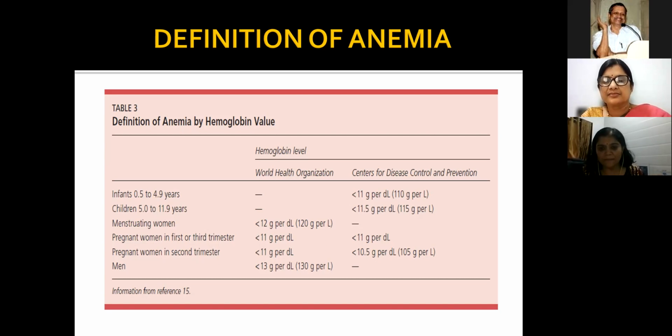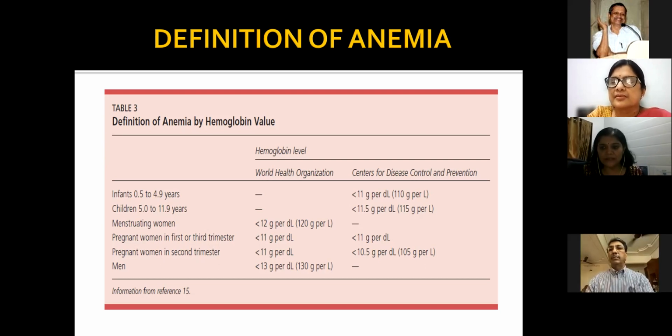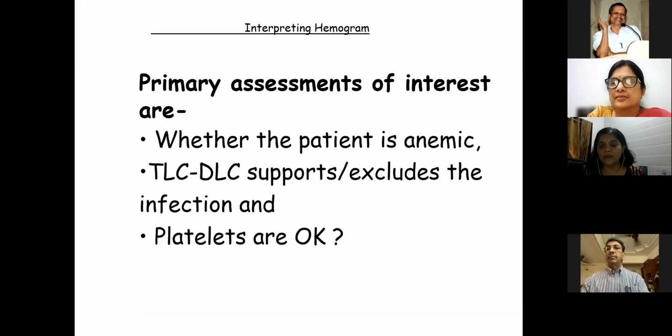And for pregnant women in the second trimester, it is less than 11 as per the WHO criteria as well. For men, 13 grams per deciliter is the cutoff. So this is just the average cutoff, but because we have neonates and all, we will need to look at our own cutoffs. Why do we need to do this?